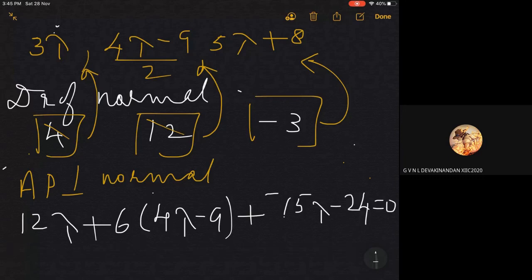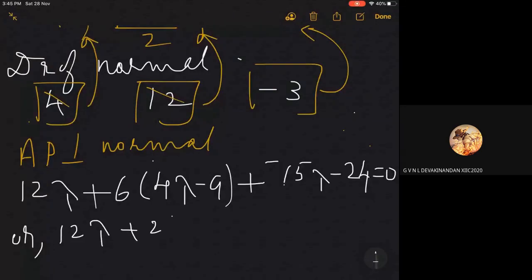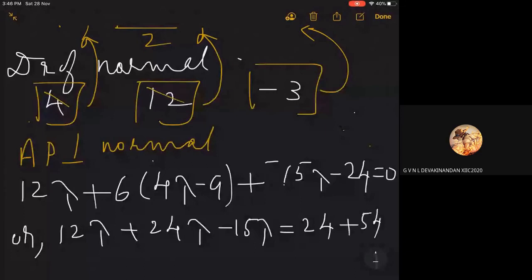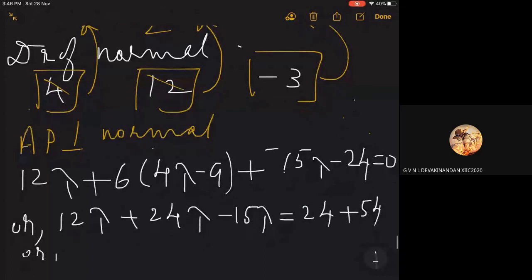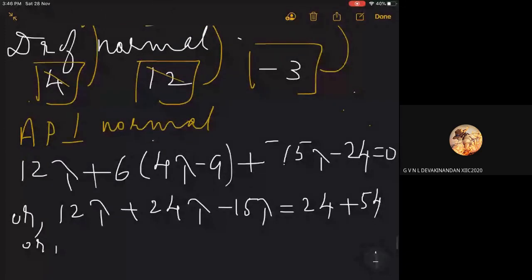On calculation you get 12 lambda plus 24 lambda minus 15 lambda equals, taking all the constants to the other side, 54. So 12 plus 24 minus 15 gives 21 lambda equal to this.